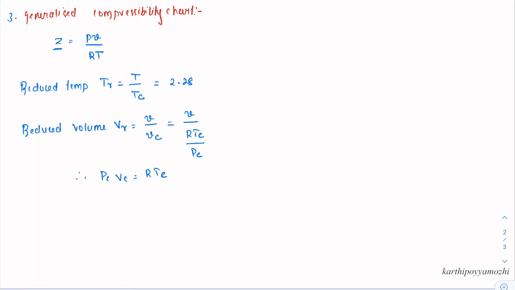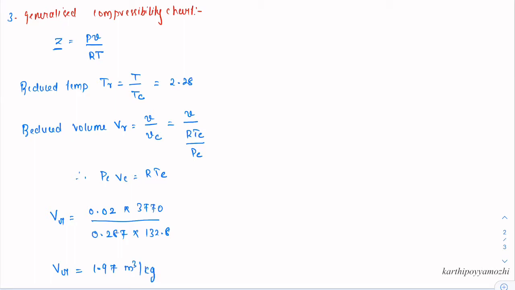By substituting these values, vR is equal to the volume 0.02 into 3770 divided by R for air, 0.287, into Tc, 132.8, and the value of vR is calculated as 197 meter cube per kg.